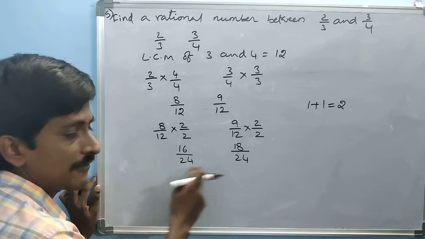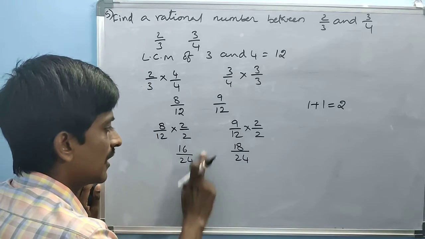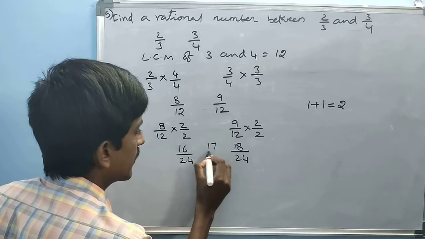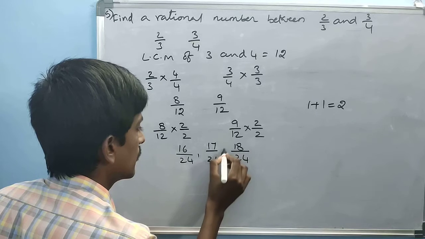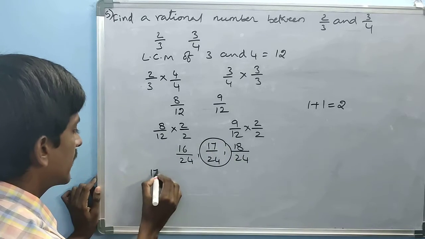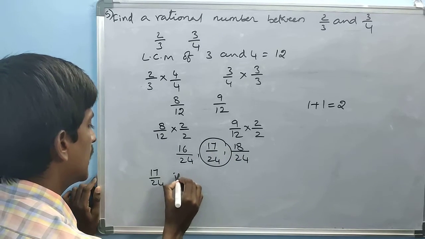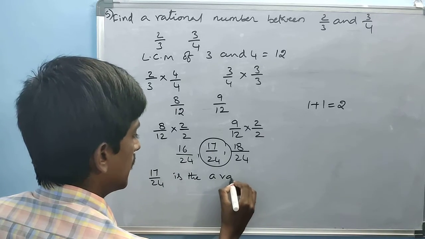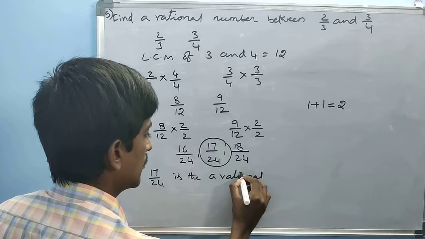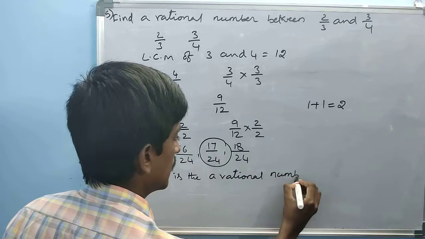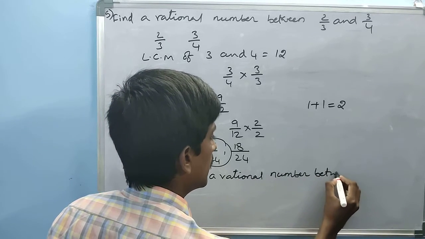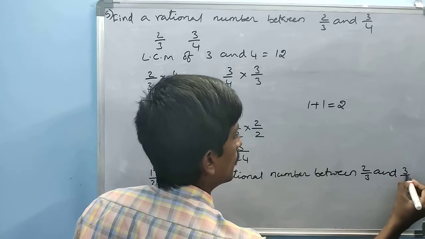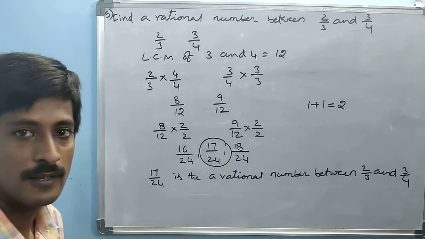These are also like fractions. 16, 18: what is the middle number? 17 by 24. So 17 by 24 is the rational number between 2 by 3 and 3 by 4. Okay.